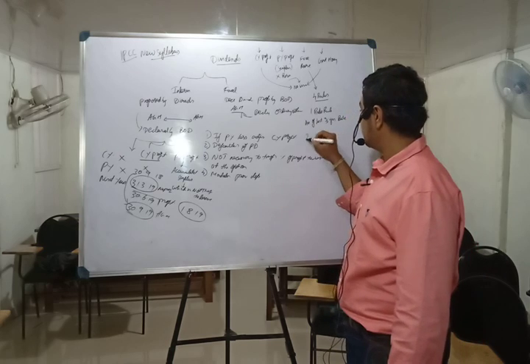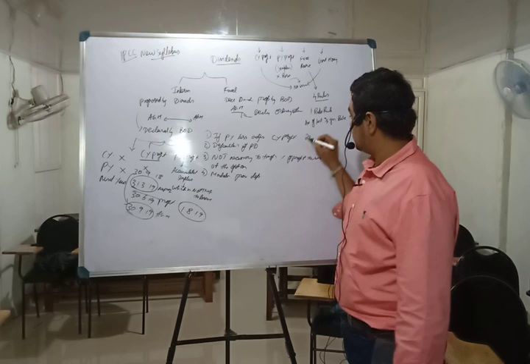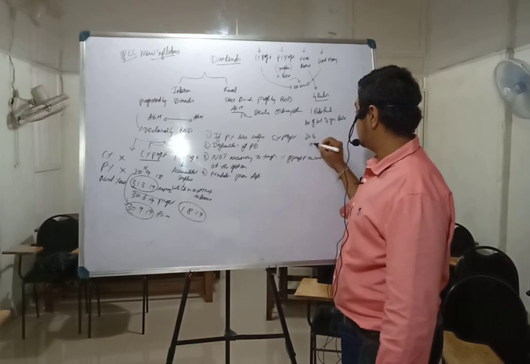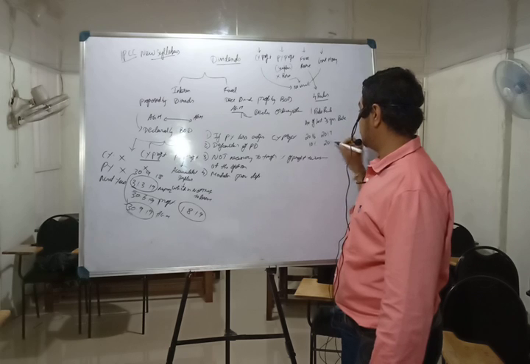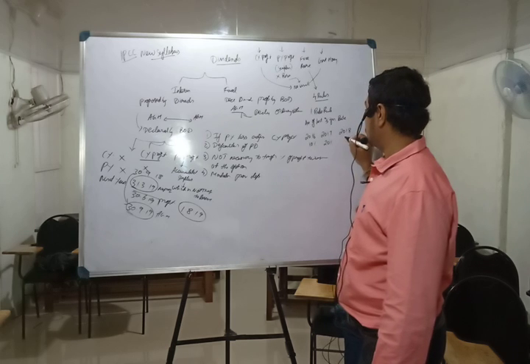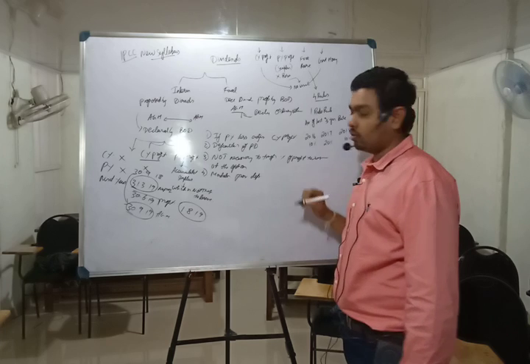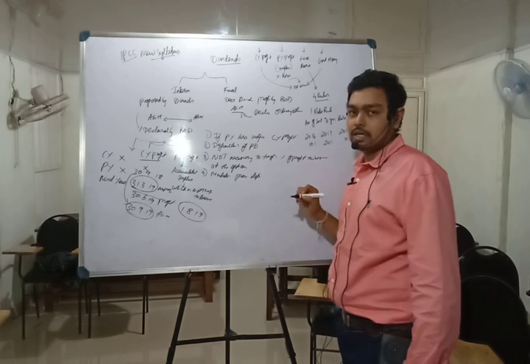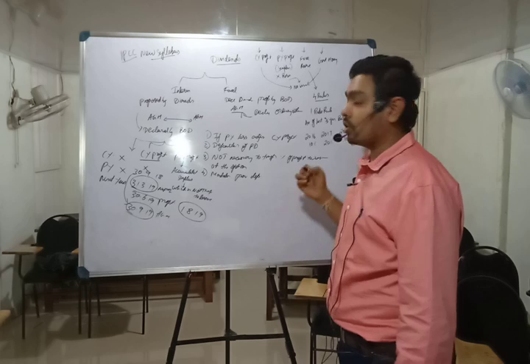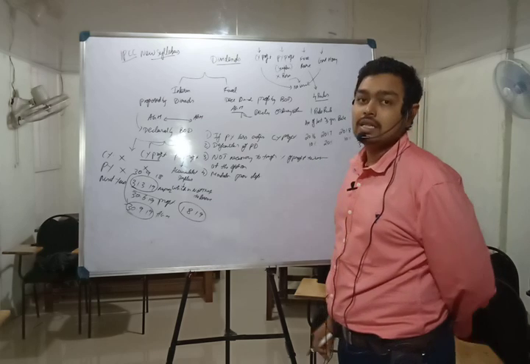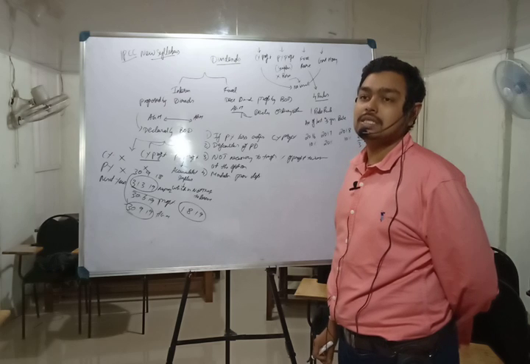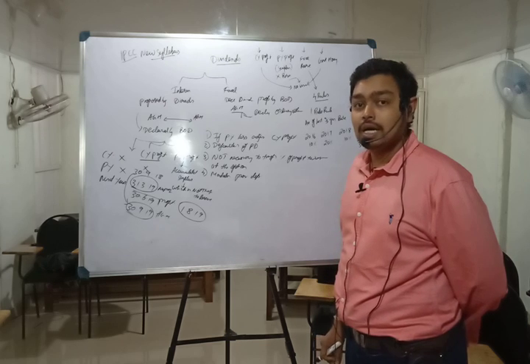For example, in year 16 you pay 10% dividend. In year 17 you pay 20% dividend. In year 18 you pay 10% dividend. Now 10 plus 20 plus 10 is equal to how much? Okay, 40. Now 40 divided by 3. This is the maximum percentage you can declare dividend.